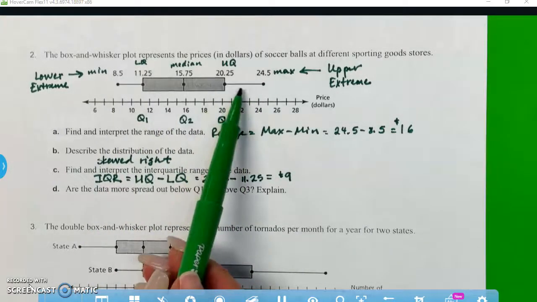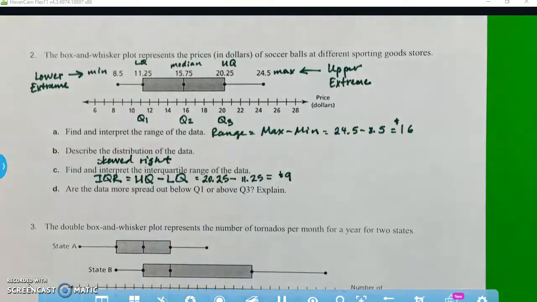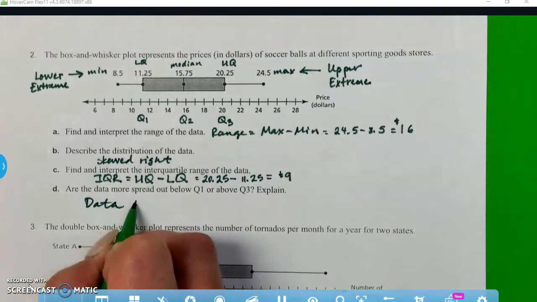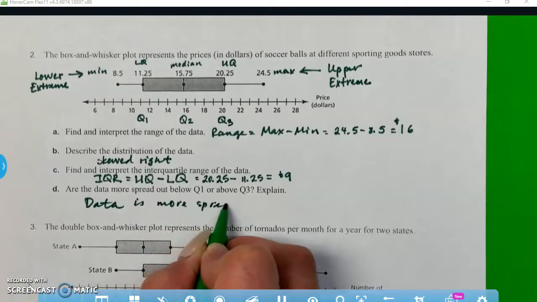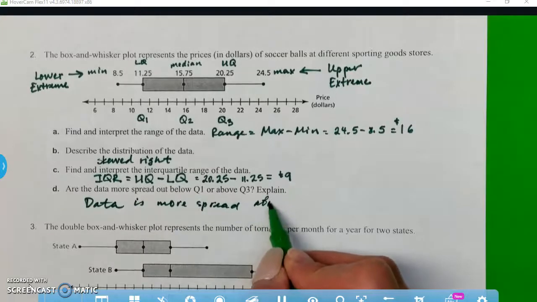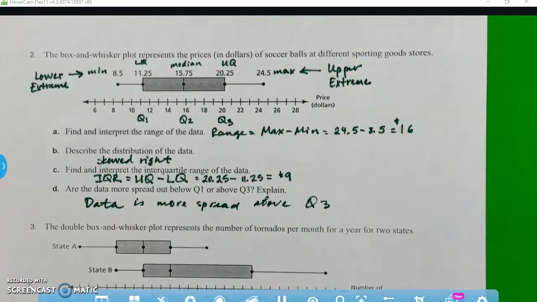So we have more variety, more spread on the right side. Data is more spread above Q3 or upper quartile. Right.